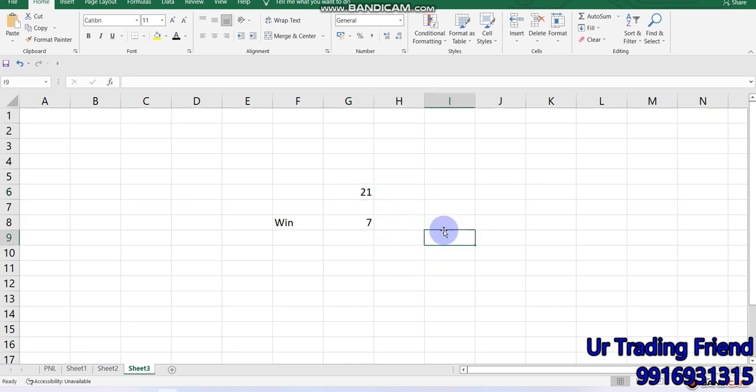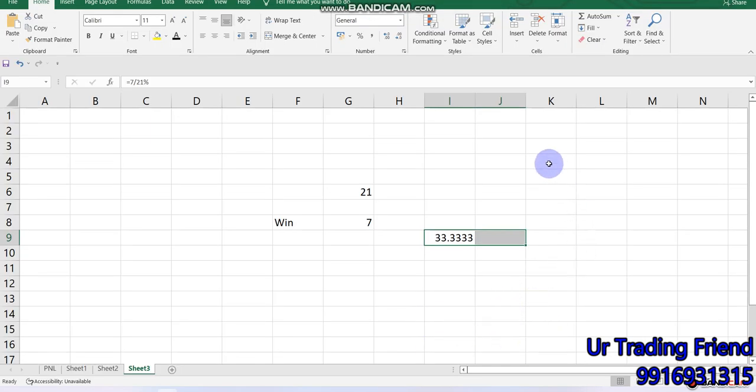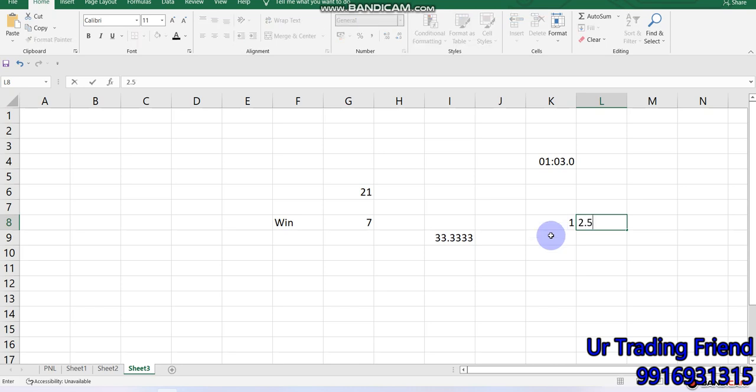Very bad success ratio, right? 7 divided by 21, my winning ratio is just 33%, but still I am ending in green because my risk reward ratio is 1 is to 2.5. This is helping me to recover the losses.